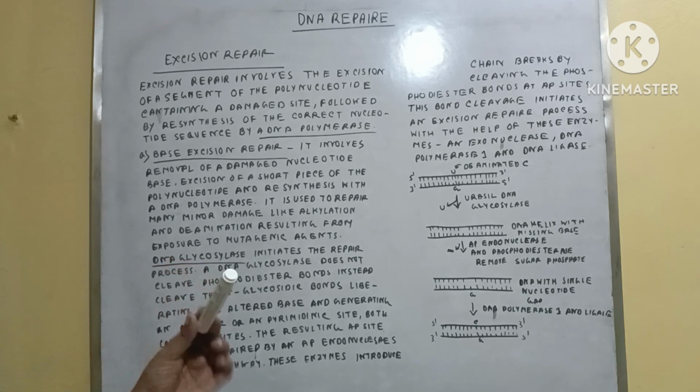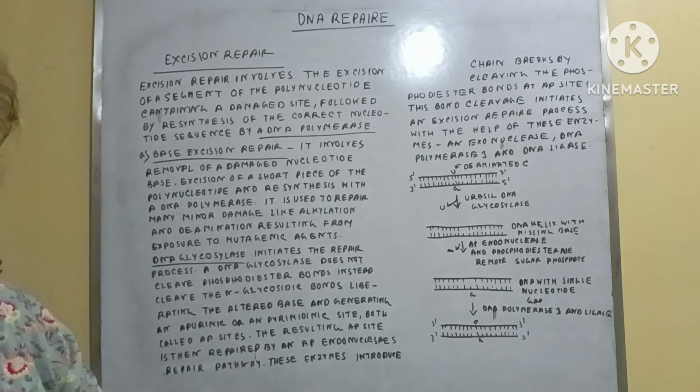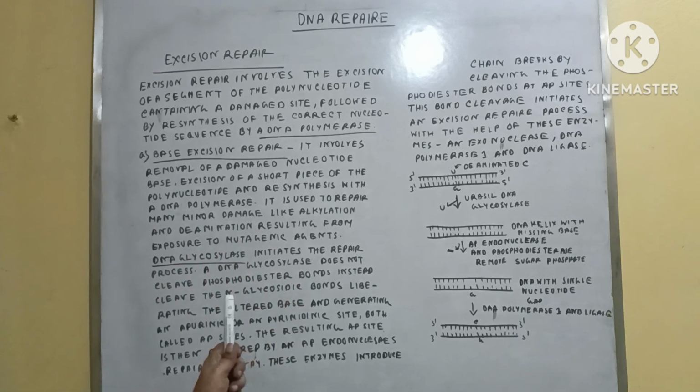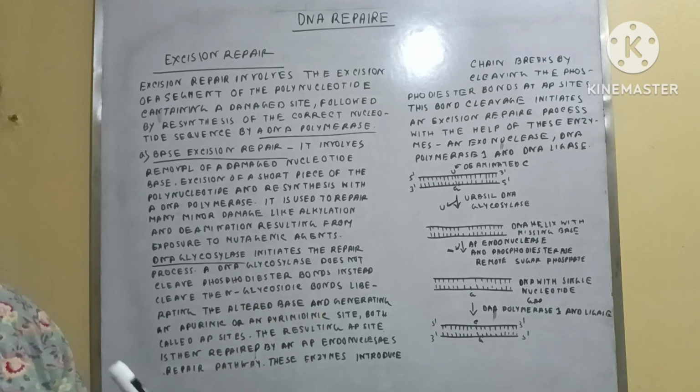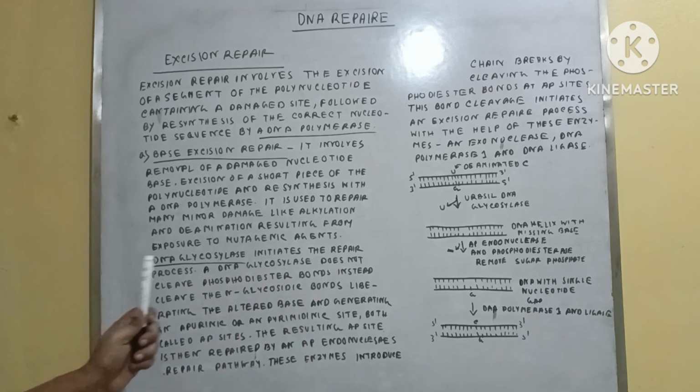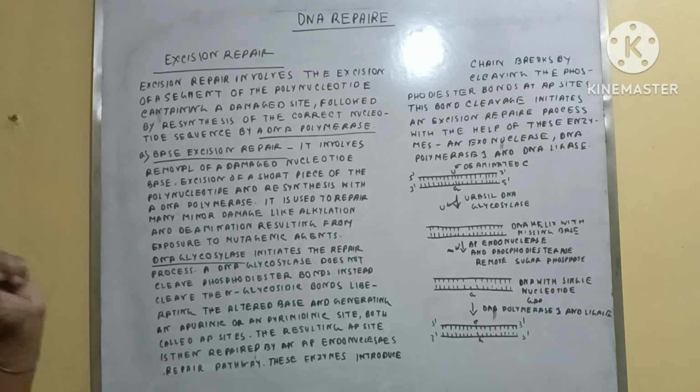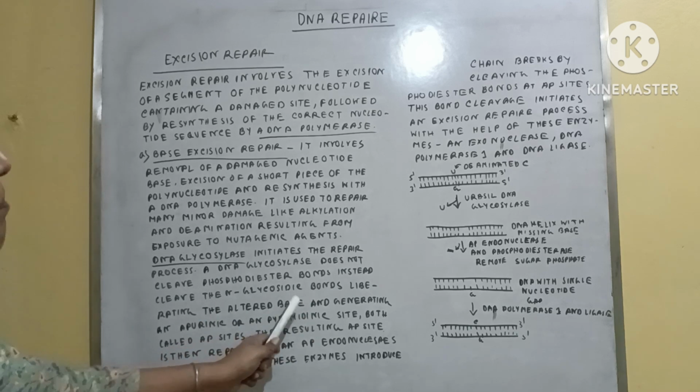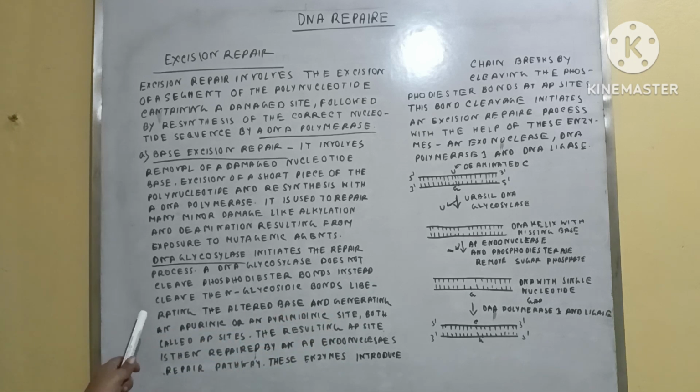Only these bonds are disturbed, liberating the altered base and generating an apurinic or apyrimidinic site, or AP site.